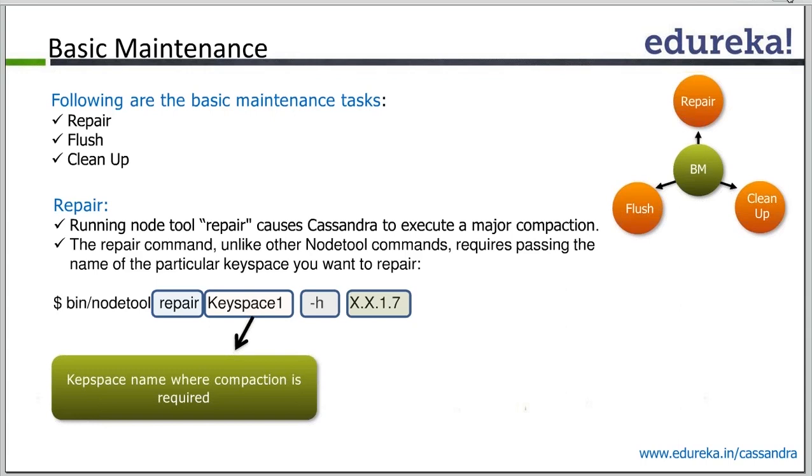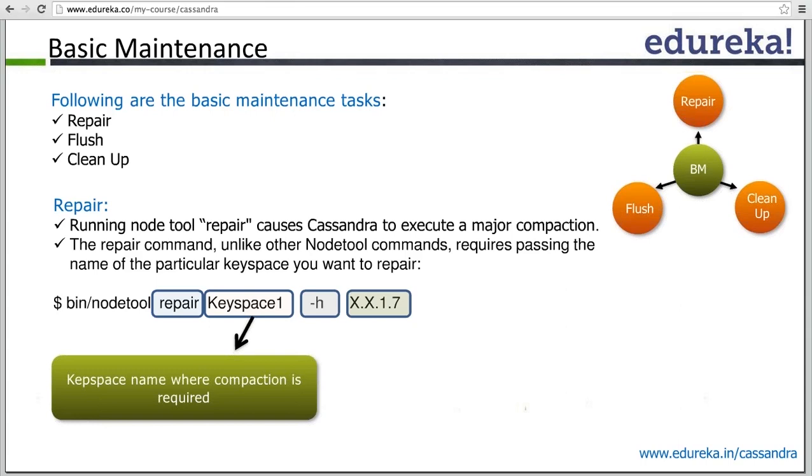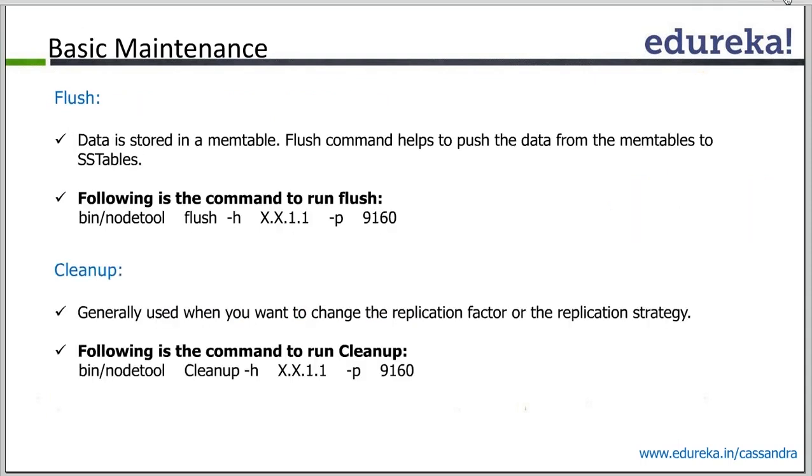Similarly, there's something called cleanup that you can do as part of the maintenance activities. It is generally used when you want to change the replication factor or the replication strategy. Say today I have a replication factor of 3, but over a period I felt that I have to change it from 3 to 2. Then you have to run a cleanup. Ideally you would rather not want to do it, but if it's an absolute need, then you can do it using cleanup.